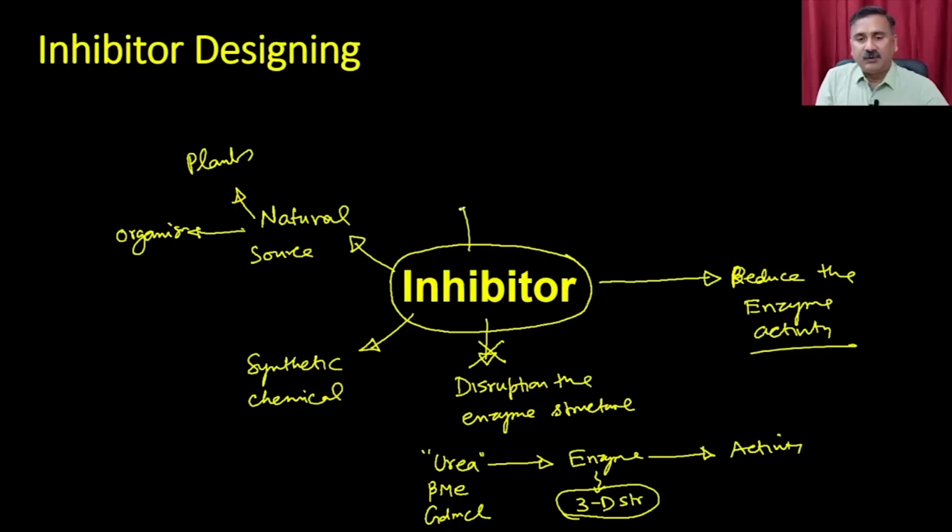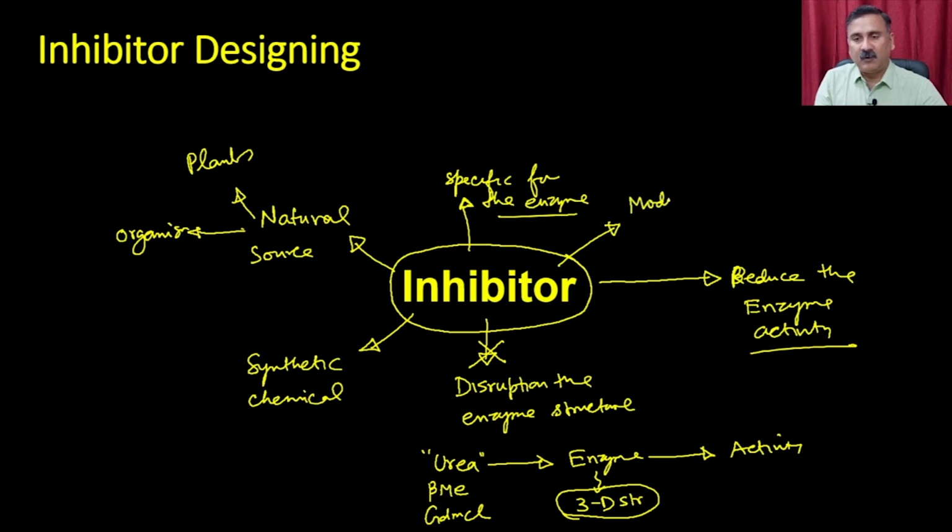An inhibitor should be very specific for the enzyme. It should not be a generic inhibitor, like an amino acid modifier.